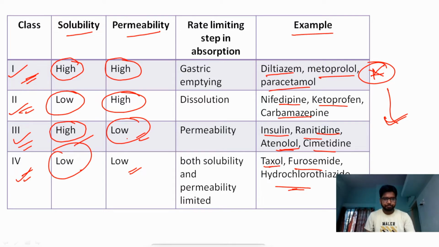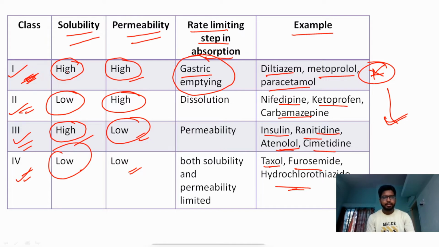In case of class 1 drugs, solubility and permeability both are high. That means in case of class 1, the rate limiting step in absorption is only gastric emptying. Why?